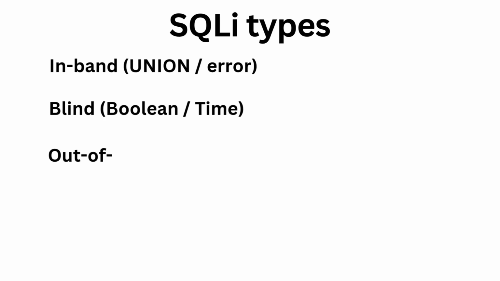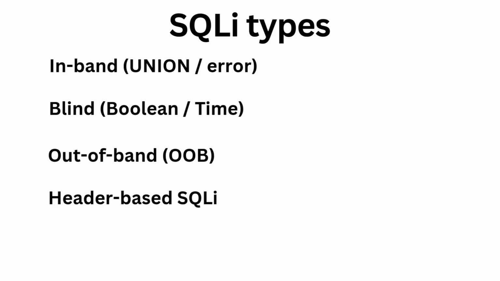After that we have out of band, where the database makes an HTTP or DNS call back to your server, which is useful when blind or time based are not possible. Then we have header based SQLi, where you inject SQLi payloads via headers, that can be user agent, X forwarded for, or referrer and so on.